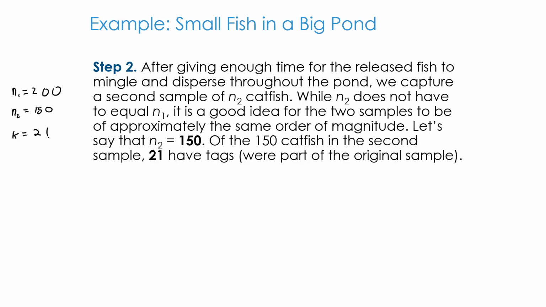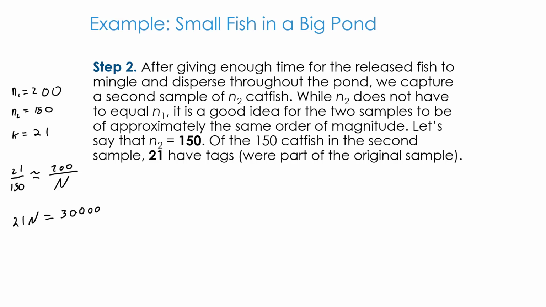And so the ratio of tagged to total, 21 to 150, should be approximately the same as the ratio of tagged to total in the entire population, where there are 200 tagged and we don't know the total n. So cross multiplying again gives us 21n is equal to 2 times 15, which is 30, but then we have 3 zeros to add on, and so we have 30,000.